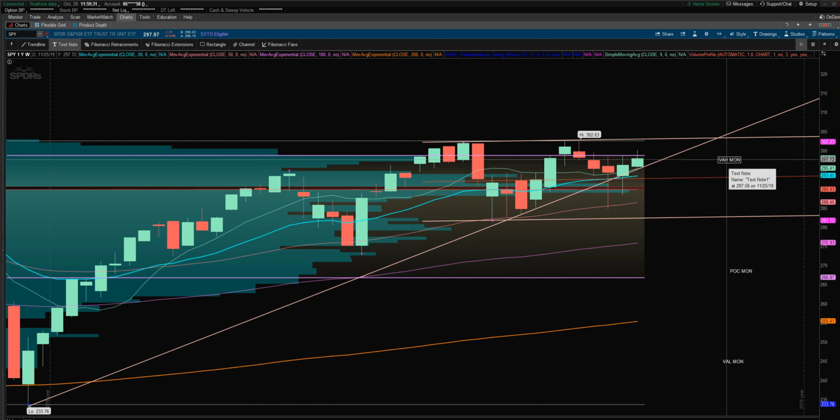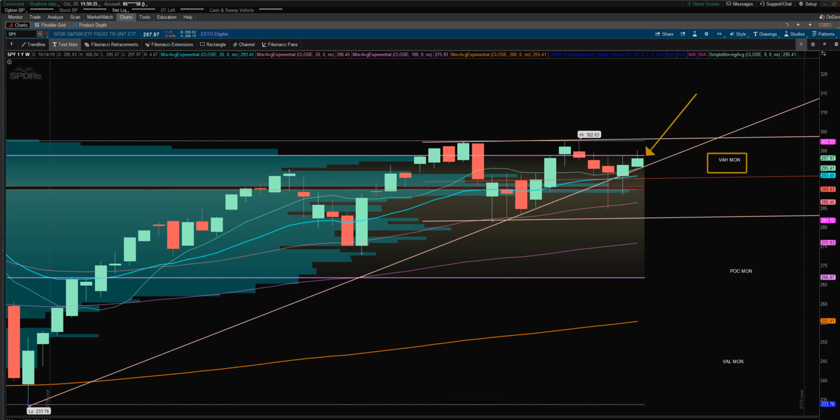So roughly that 297 level that we identified from the monthly chart is very key, as it's relatively close to the value area high level, roughly $300, on the weekly chart. So you know there's some type of confluence. That's why prices had a very difficult time getting above, because we have confluence for the longer term players as well as the intermediate term players.